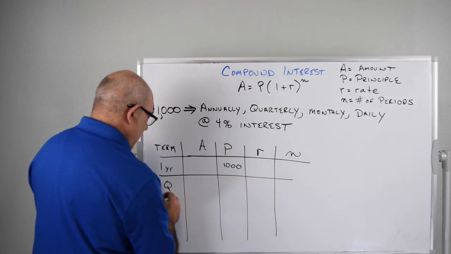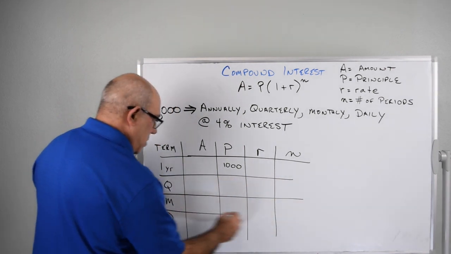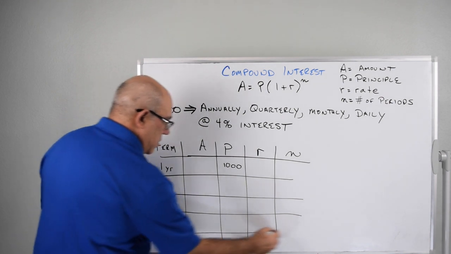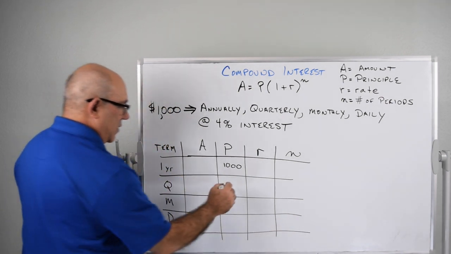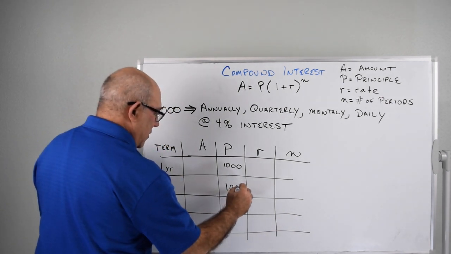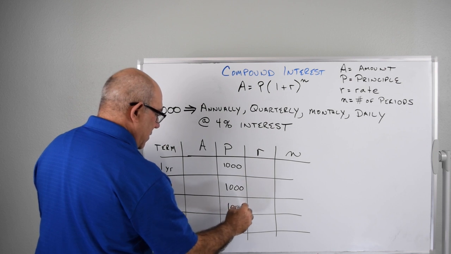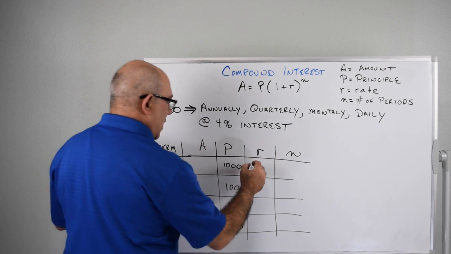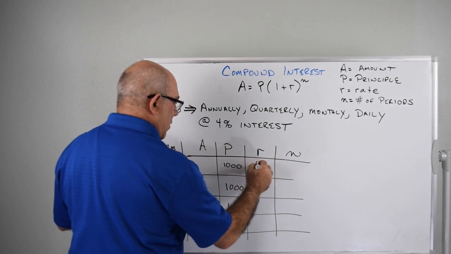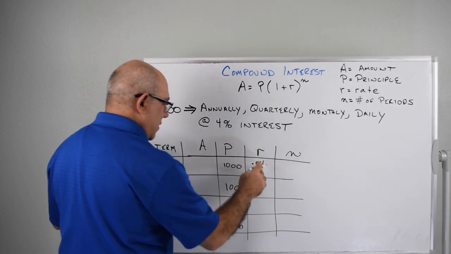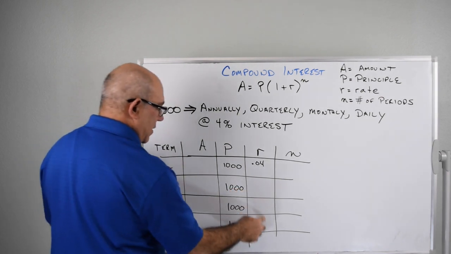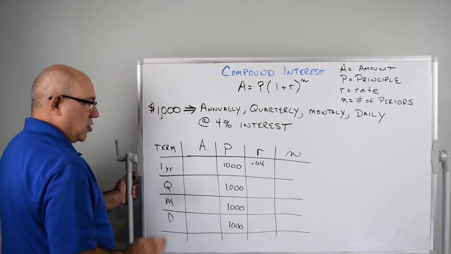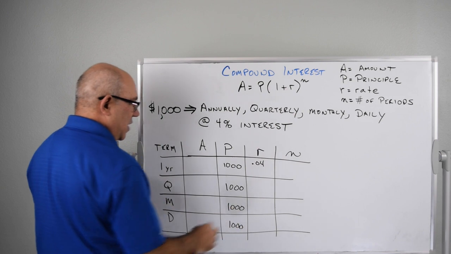So we'll put that data into this table, okay? And these are all going to be 1,000. We're going to start with 1,000 at the same time. And I'm just going to put the rate in here as 0.04, because that's the rate we're going to use. But we're going to have to manipulate the rate as the number of periods changes.